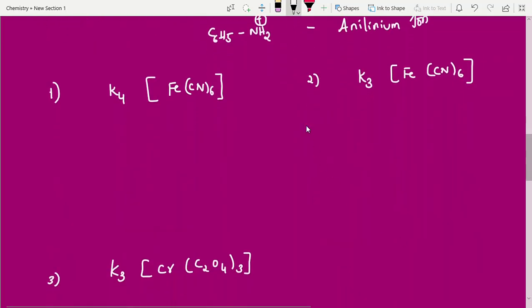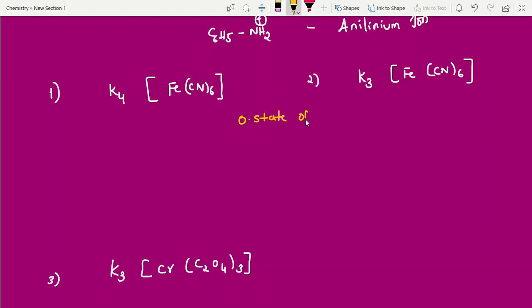See students, first we have to calculate the oxidation state of the central metal atom. Rule I am writing: oxidation state of central metal atom. See, first we will calculate.